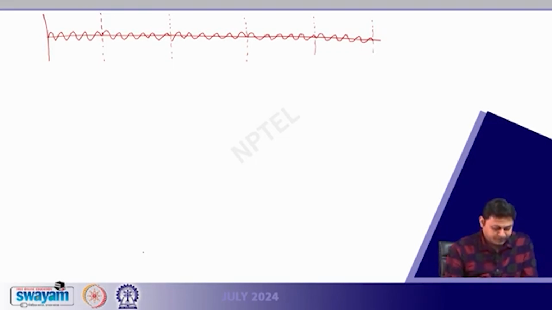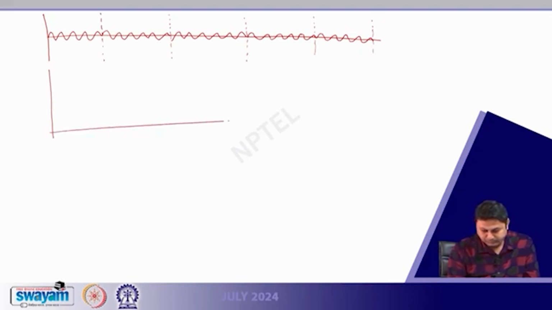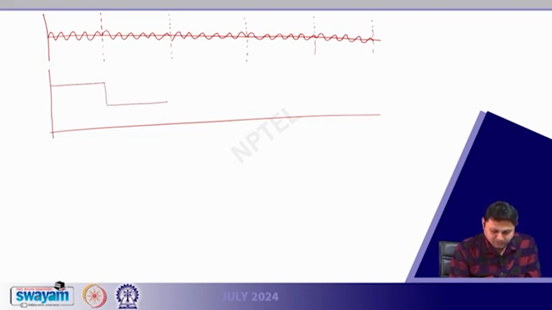Since there is a phase jump from this point, if I draw this phase jump in the same plot, it looks like it goes here and there is a jump here, and then it goes here, there is a sudden jump at this point, like a step function.